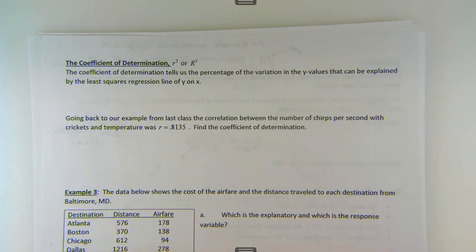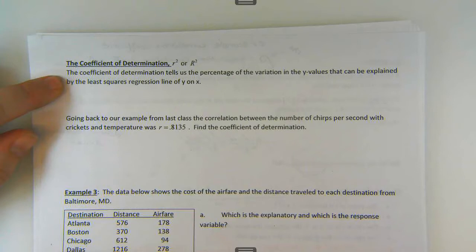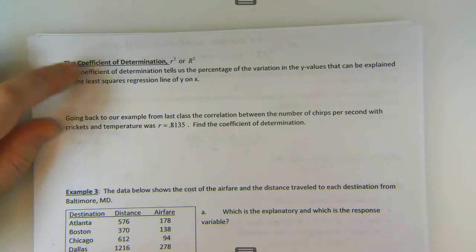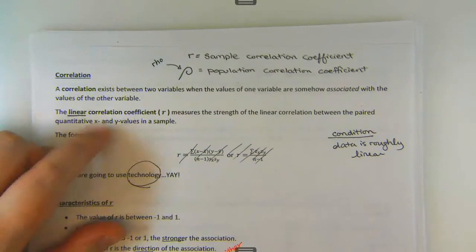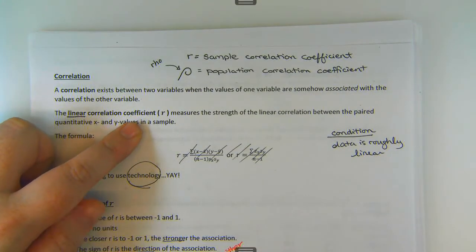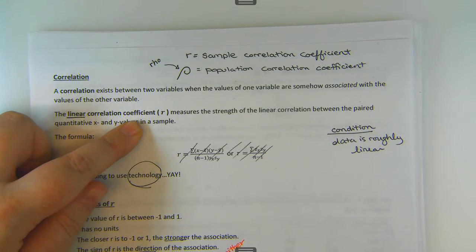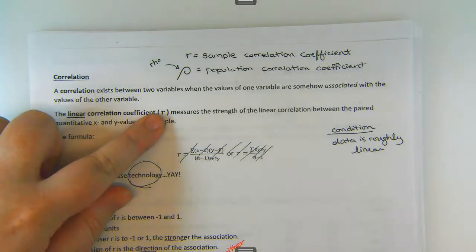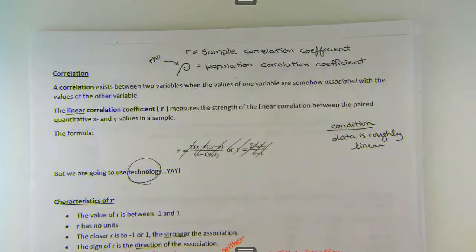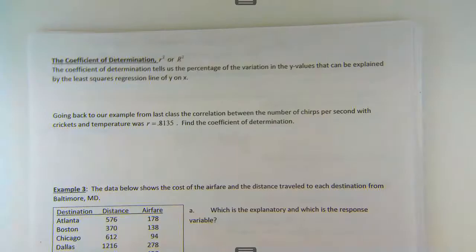And that's a literal squaring of R. It's whatever number we get for R, we just square it, and that tells us our coefficient of determination. And be careful with these because coefficient of determination and correlation coefficient can sound very similar, so just be sure you're matching up the correct values when you're using R versus R squared, because numerically they're going to be different.